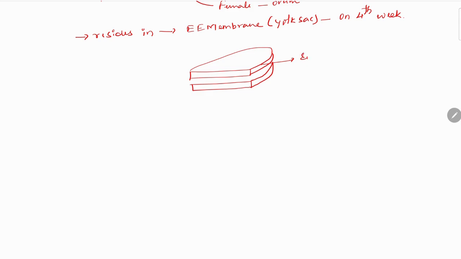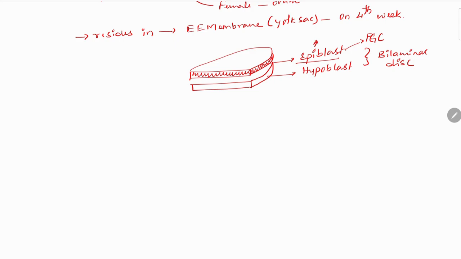The upper layer is the epiblast and the lower layer is the hypoblast. Together they are known as the bilaminar disc. From the epiblast layer, these PGCs are going to form.